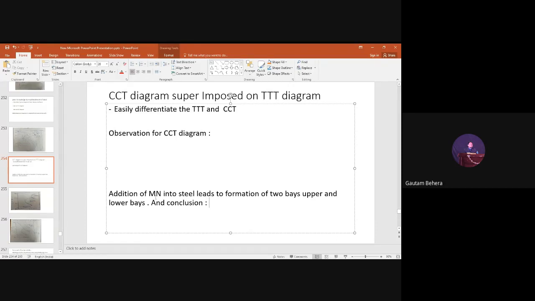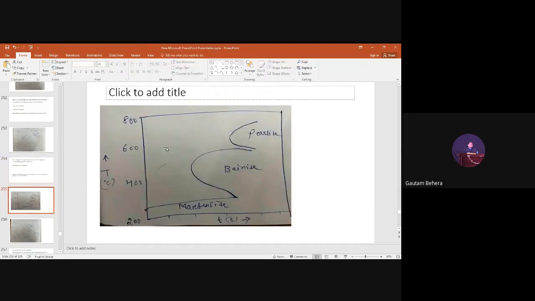So an addition of manganese into steel leads to formation of two bays, upper and lower bays. This is very interesting again. Just look at this one. If you remember, in the previous class we discussed the four types of TTT diagram possible in the case of alloy steels. In one case, the diagram is completely similar to plain carbon steel.